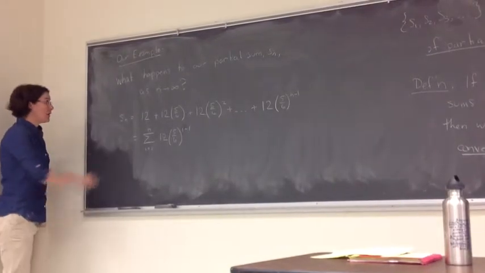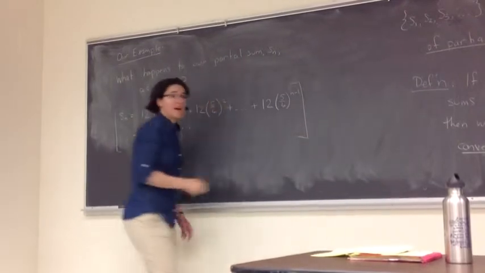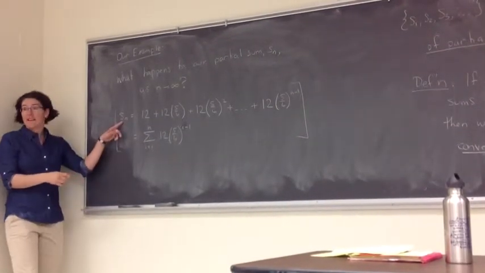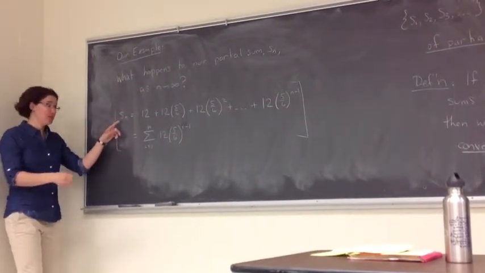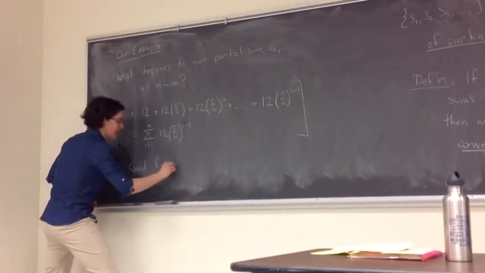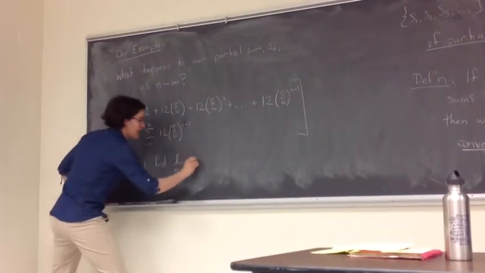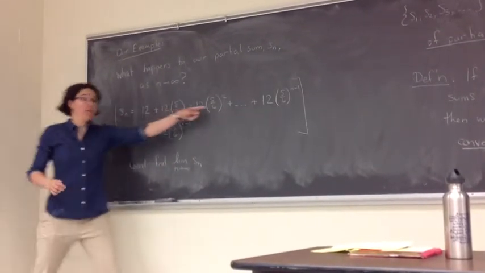All right, so our goal is going to be to figure out what happens to Sn as n goes to infinity. So our goal is to find the limit as n goes to infinity of this formula right here.